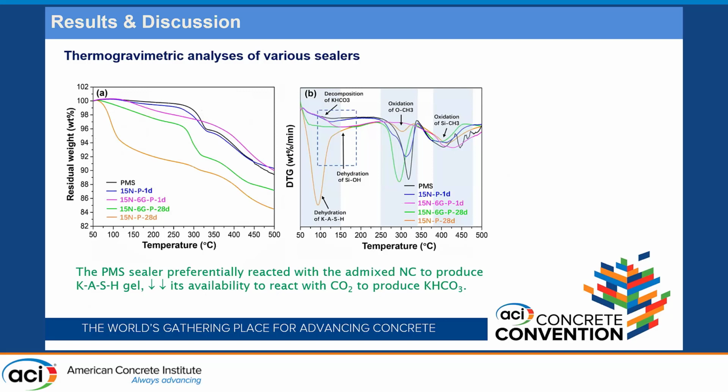So the main decarbonation in the first range is Ca(OH)2, but for the other sealers it is the decarbonation of KHCO3. This means that for longer times, the reaction is more obvious. This is also a preliminary analysis, and more fundamental research is needed to figure out what's really going on.